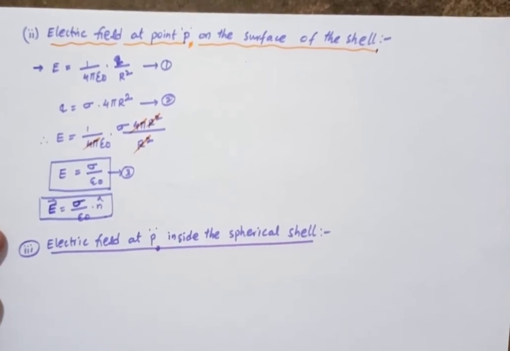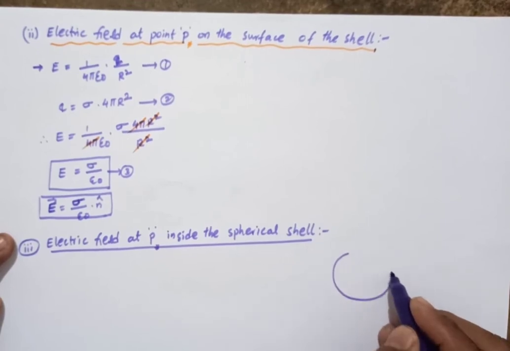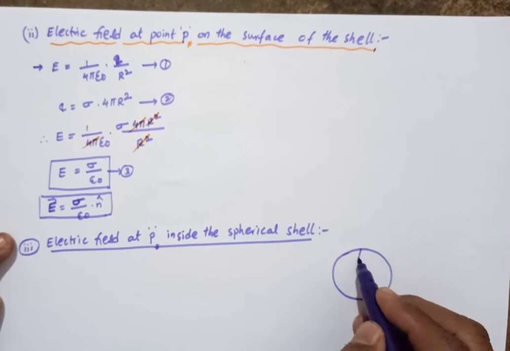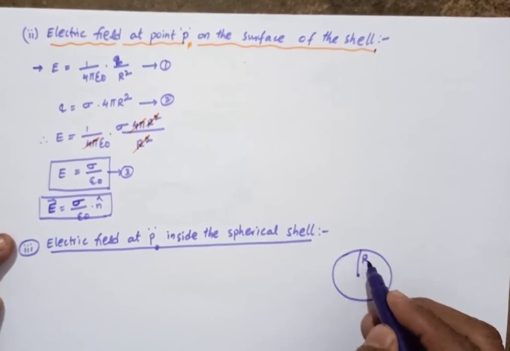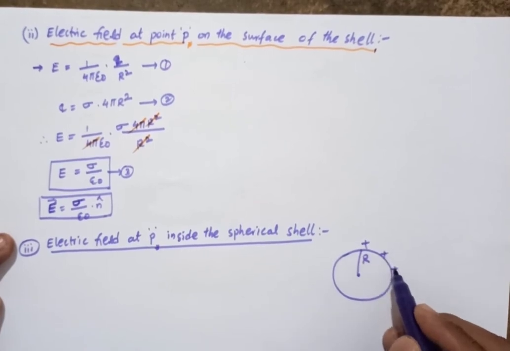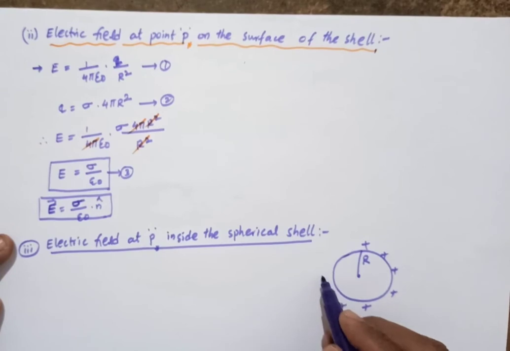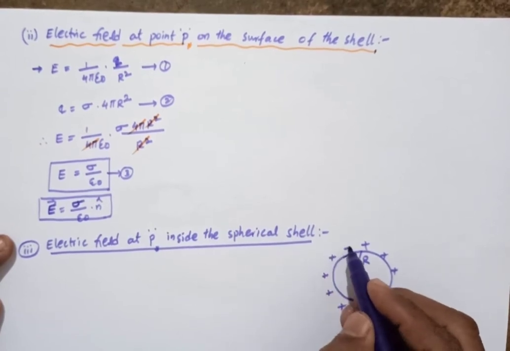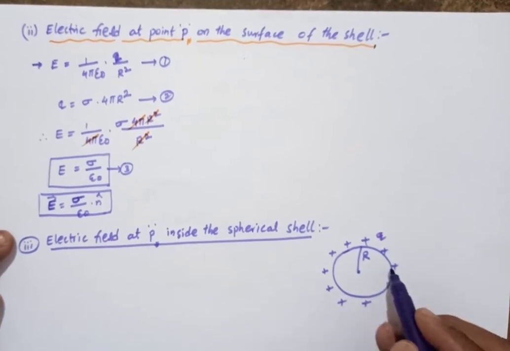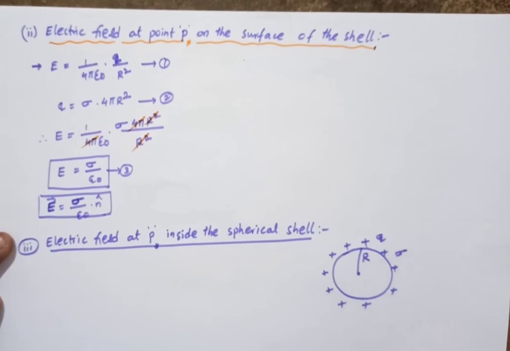For example, this is a spherical shell. In this spherical shell the radius is capital R. The charge accumulated on the spherical shell is Q, and the surface charge density is sigma.